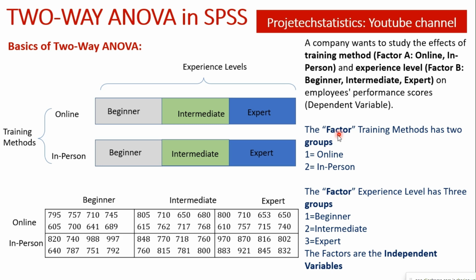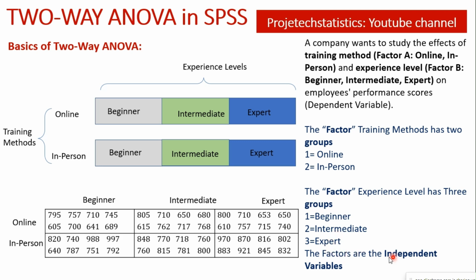The categorical variable is also known as the factor. So the training method has two groups here, the online and the in-person, and the other factor, factor B, experience level, has three groups, the beginner, the intermediate and expert group.